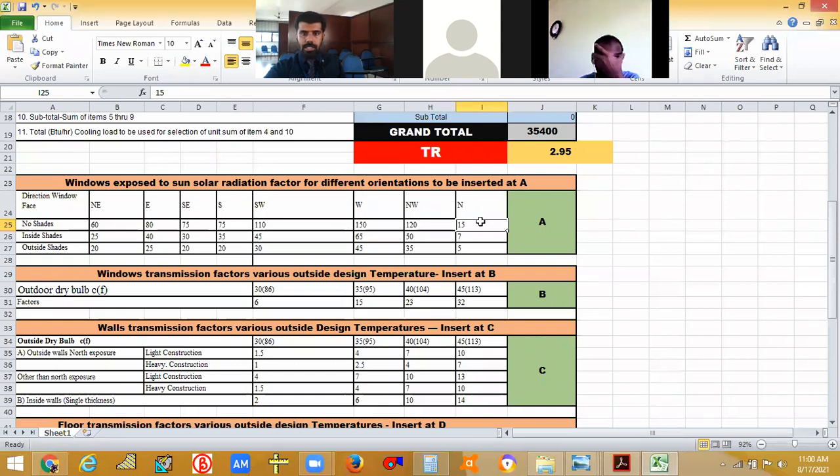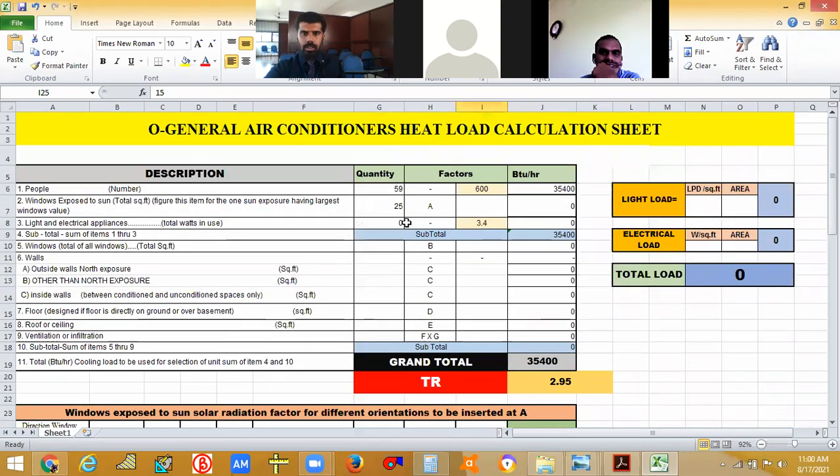So I have to insert the number 15 at A. Where is that A? Here is the A. Just put 15 here, and you will get its BTU per hour, 375. So that is windows exposed to sun.